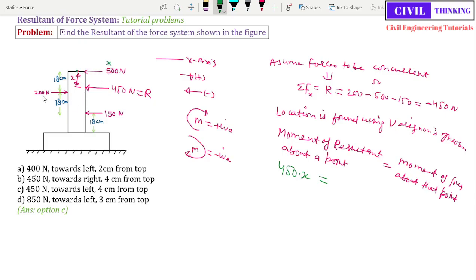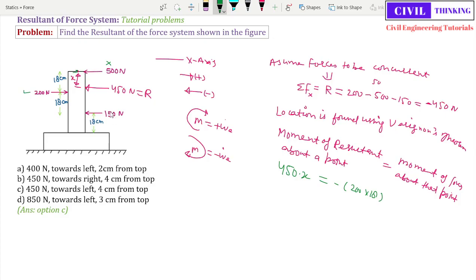Okay, now 200 Newton is going to exert moment like this, which is anti-clockwise, and it is at a normal distance of 18 centimeter from this point, right? So it is negative 200 multiplied by 18 centimeter. So we found the moment due to this.